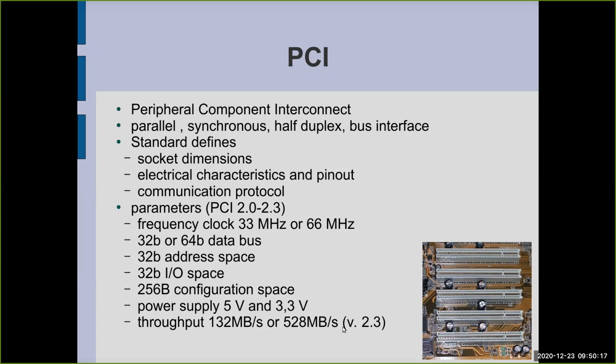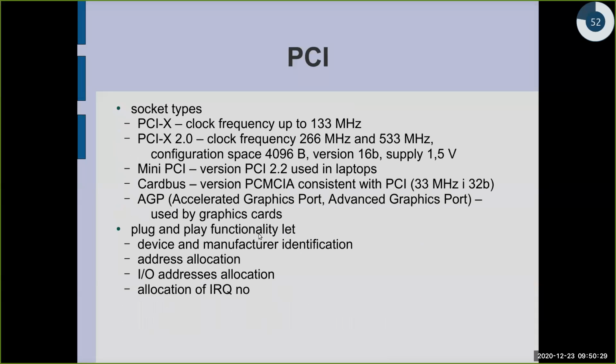And throughput was up to 500 megabytes per second. So it's not so huge, but it's higher than, let's say, USB 2. There were different versions of PCI, like AGP, which was used to connect graphic cards.